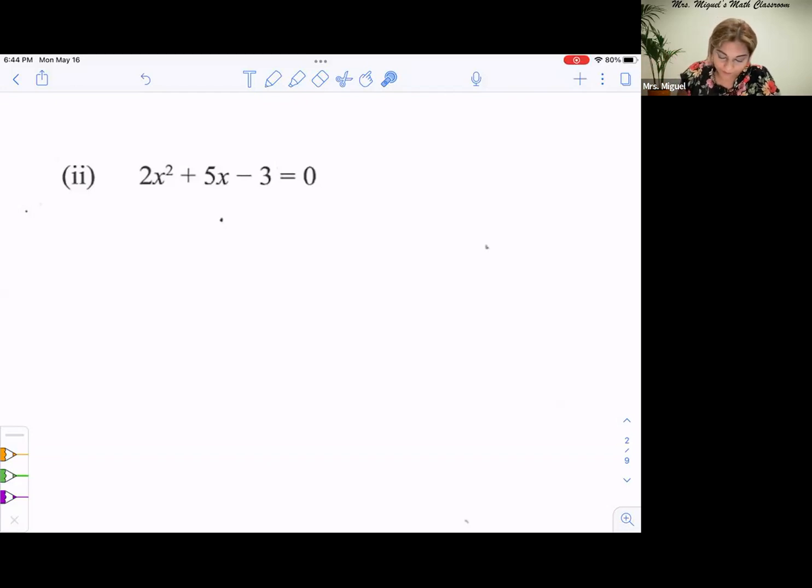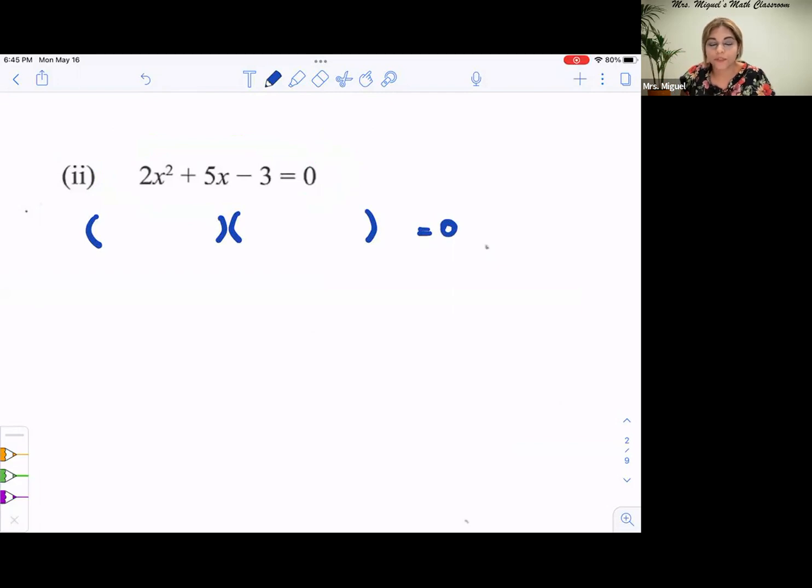Now, this is a quadratic, right? We can go ahead and factorize this, but at this stage in the booklet, there is a quadratic formula as well. Now, we want to factorize this, and we can do it in two ways.